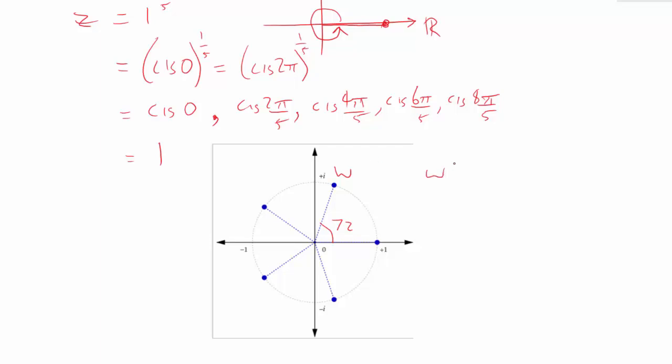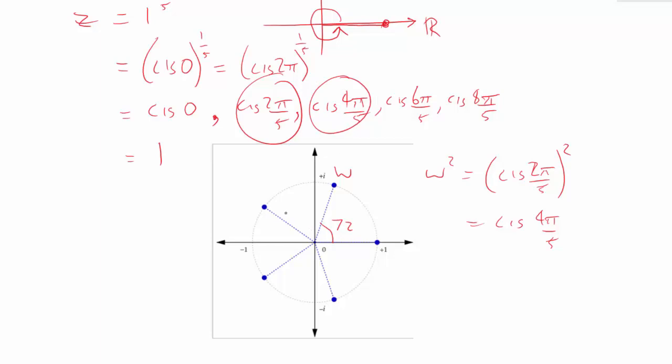Now, what is omega squared? That is this number squared. Well, this is just a cis. So when we square it, we're going to get de Moivre's theorem yet again, which is the next one.